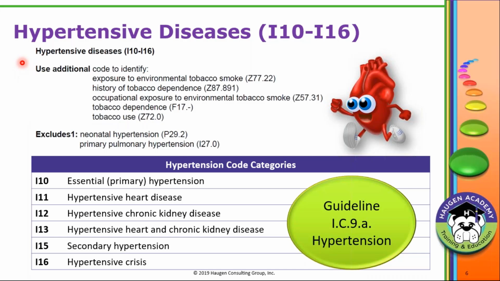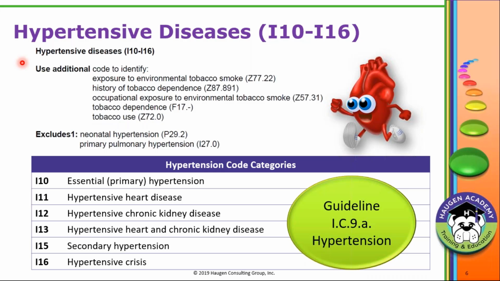And this is a great reminder that we should be looking at all of the notes, not just for the code that we're assigning, but at the category level, the section level. So in this case, it's that section I10 to I16, which is right before code I10. And then also at the chapter level.